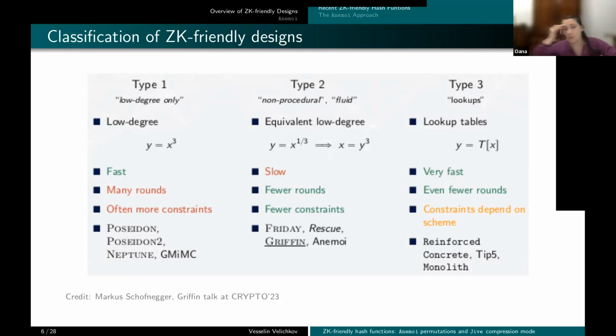And the many rounds compensate for the fast computation, and the fewer rounds compensate for the fact that it's slow, and overall you get the same security level, sort of. Yeah, more of the second. So the many rounds compensate for the slow increase of the degree, because you increase the degree by 3 at every round. So you have first x to the 3, then x to the 3 is pushed to the next round, and it becomes x to the 9, x to the 12, and so on.